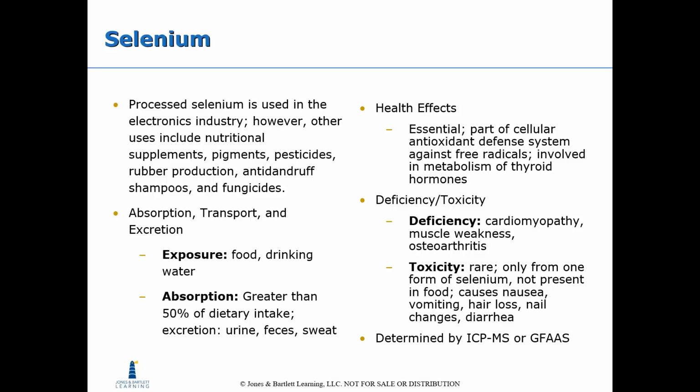It's part of the cellular antioxidant defense system against free radicals, and it's involved in the metabolism of thyroid hormones. Deficiency includes cardiomyopathy, muscle weakness, and osteoarthritis. Toxicity is rare, only from one form of selenium, not present in food, causes nausea, vomiting, hair loss, nail changes, and diarrhea. It's determined by ICP-MS or GFAAS.